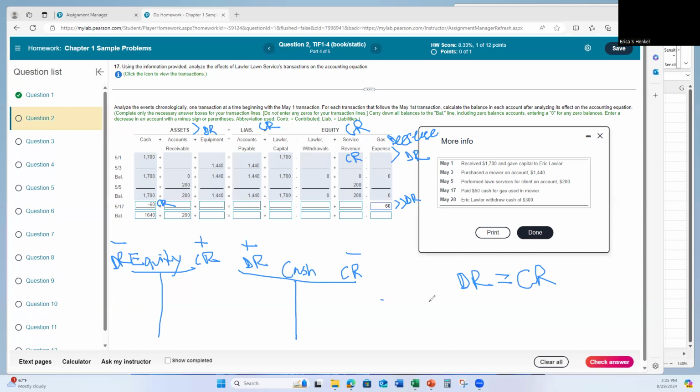So if we have a T account just for our gas expense, to record our gas expense we would debit that for 60, and then we would credit cash for 60. Then our debits and our credits for that particular entry would balance out with each other. I wanted to walk through that just so you'd understand what we were doing there.